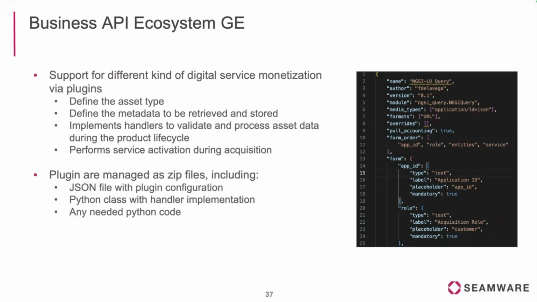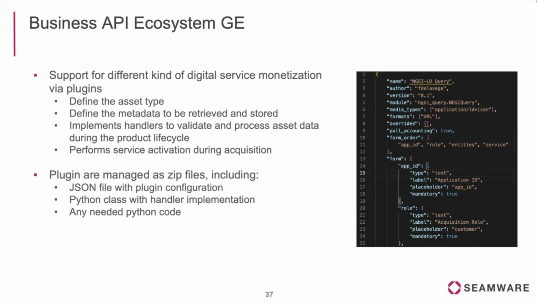And this is done because the plugin comes with a Python class that is implementing a plugin class that is defining a set of handlers that are called during the life cycle of the different services.